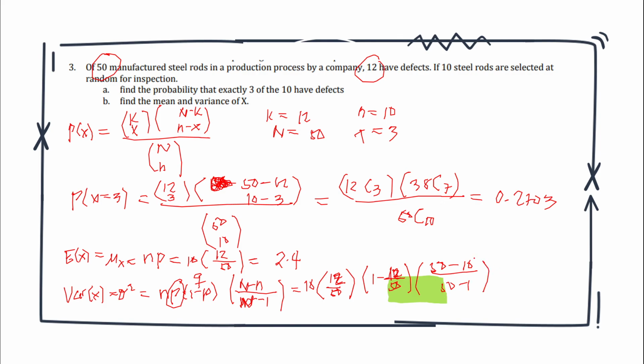By the use of calculator, we could derive this as 10 times 12 over 50, then times 1 minus 12 over 50, then times 40 over 49.